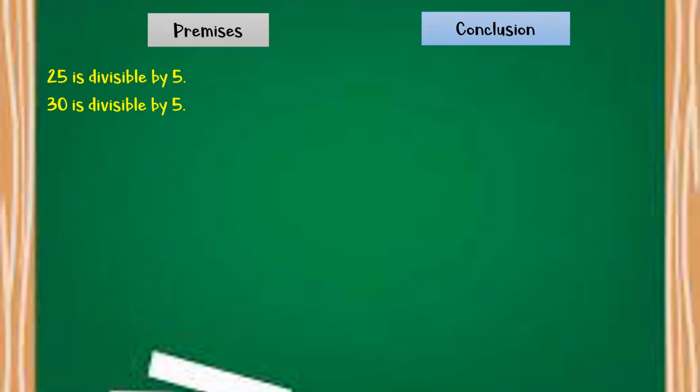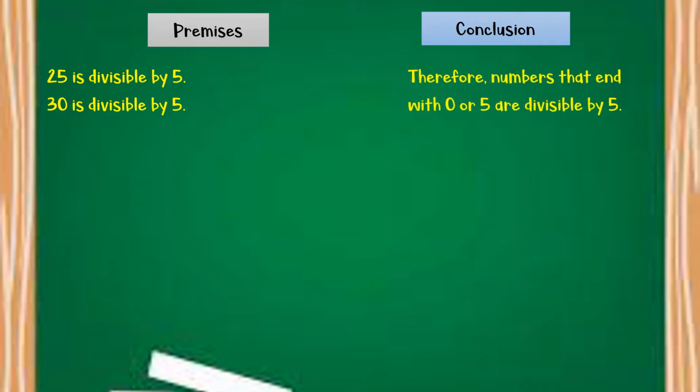What do you think will be the conclusion? Therefore, numbers that end with 0 and 5 are divisible by 5. Since both premises are true, then the conclusion will be true. It is also because of the rule for divisibility.